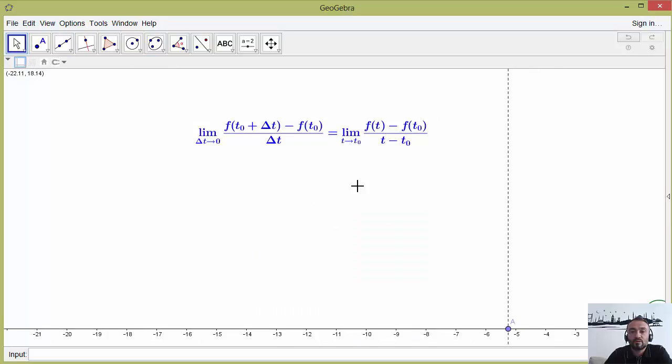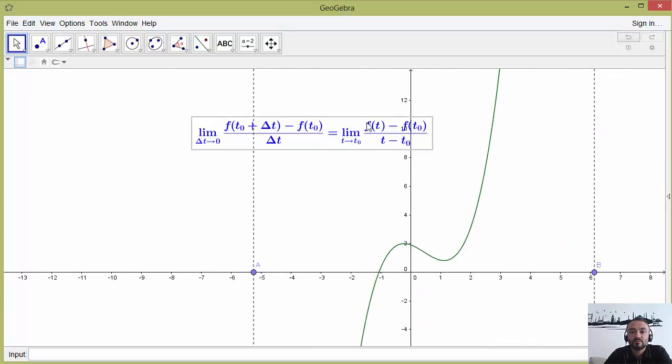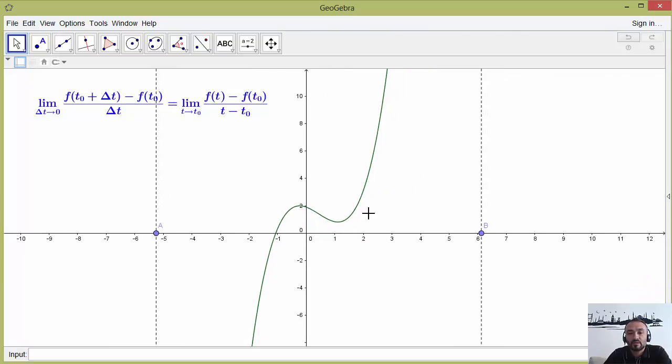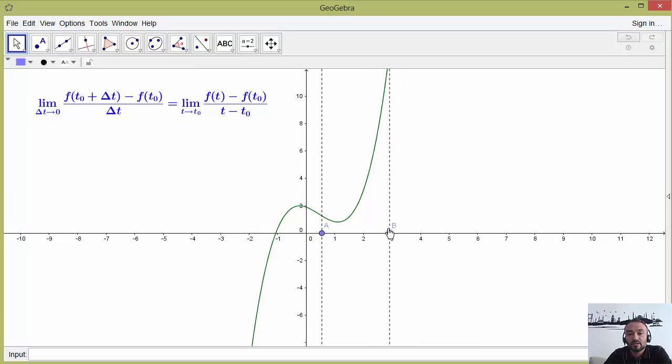Let's look at a sample function. If you define this function as a function of time, and here is speed, and this axis is time, this function defines the change of speed over time.